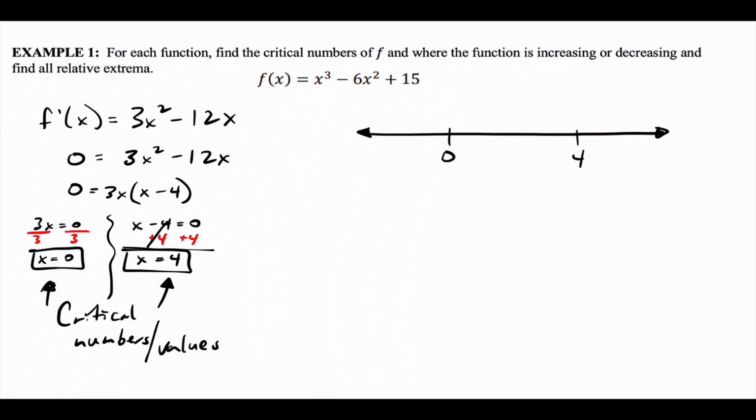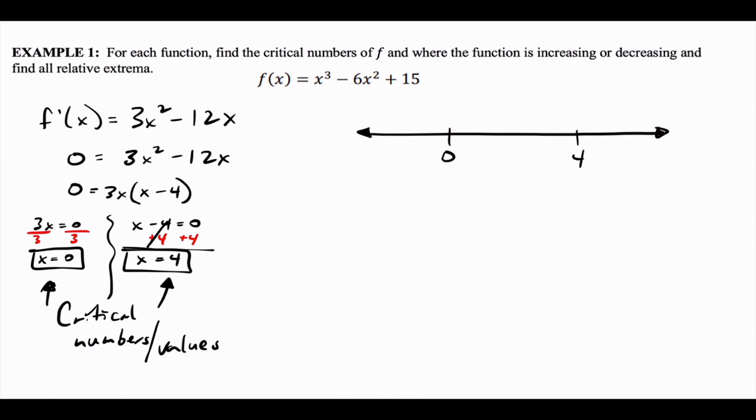The first derivative test said if your derivative is positive, it's increasing. If your derivative is negative, it's decreasing. So I'm going to pick a number in between 0 and 4. It doesn't matter which number: whole number, decimal, fraction, because it's going to be doing the same thing from 0 to 4. It's not going to change.